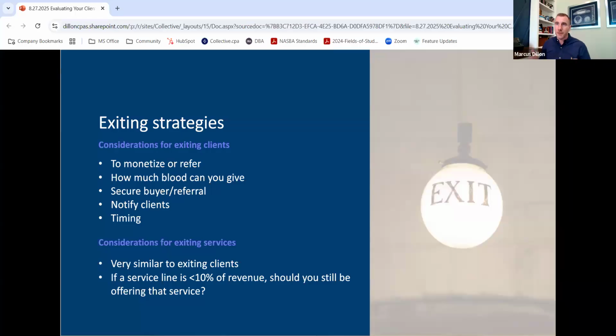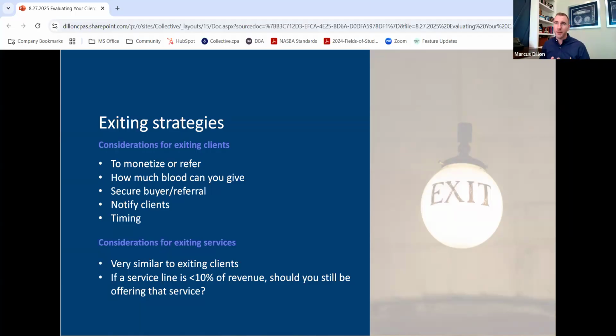So notifying clients in a manner where it's celebrating that relationship, downplaying that you're moving on, and that you want to serve them better by serving them outside of your firm. Timing on that, it always works best to do that in Q4, and not December 31st. So be cognizant of time there.